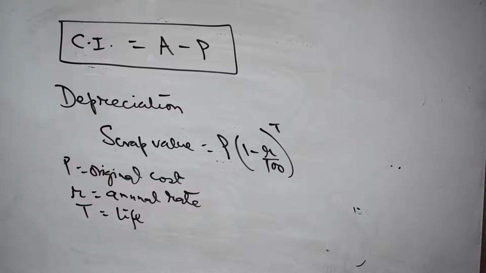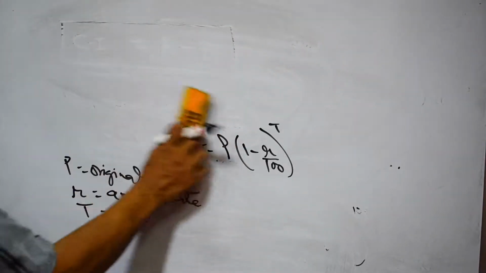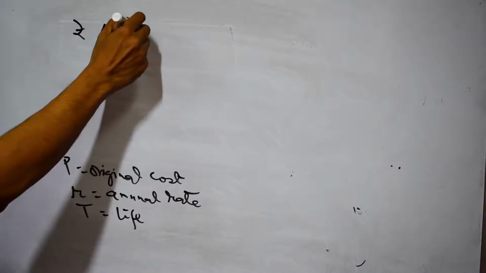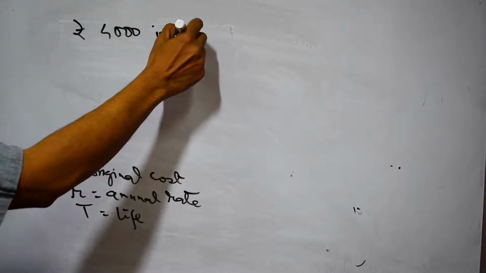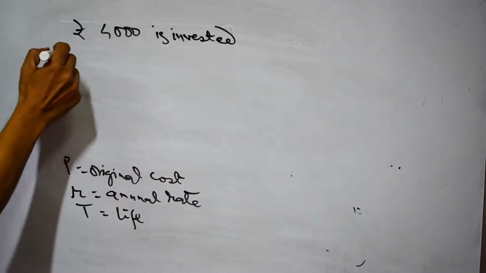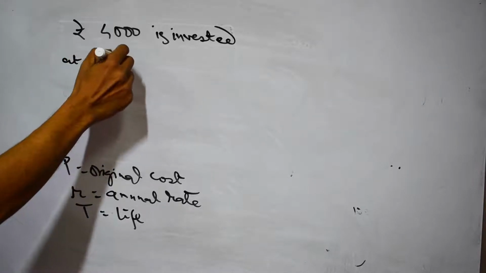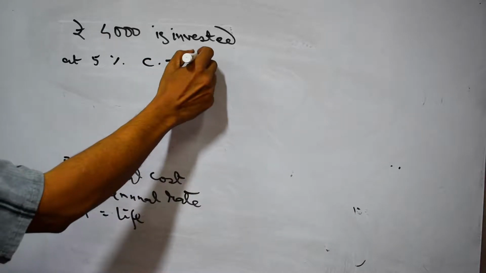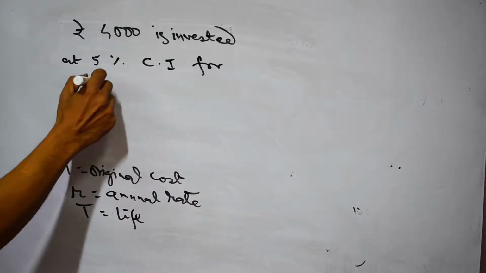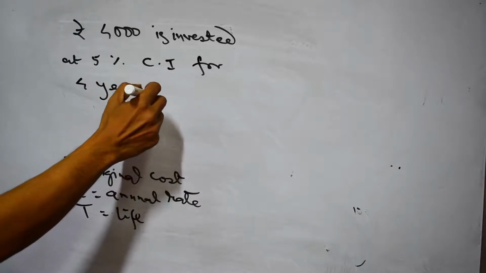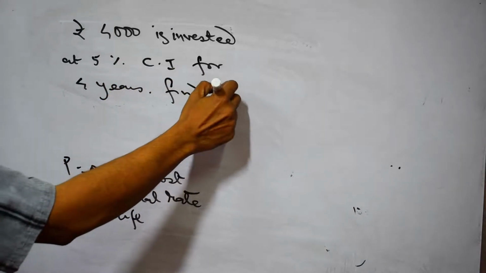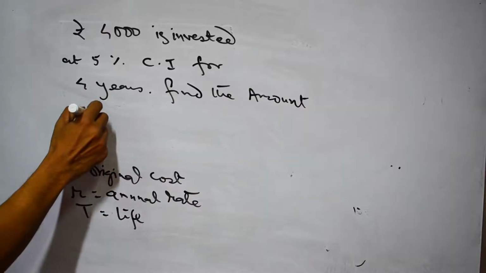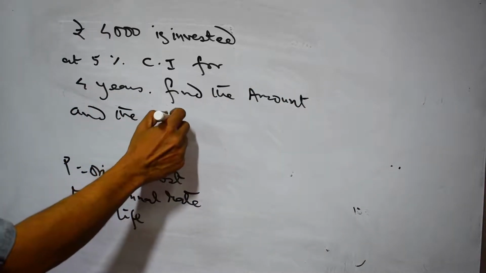Now, the first problem which we can discuss for this topic is: rupees 4,000 is invested at 5% compound interest for 4 years. Find the amount and the CI, that is compound interest.